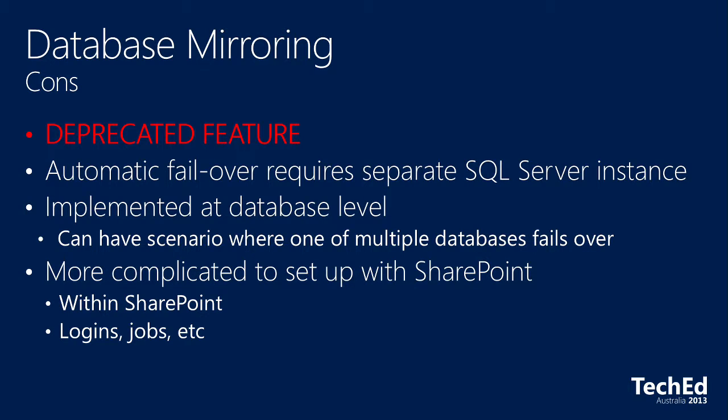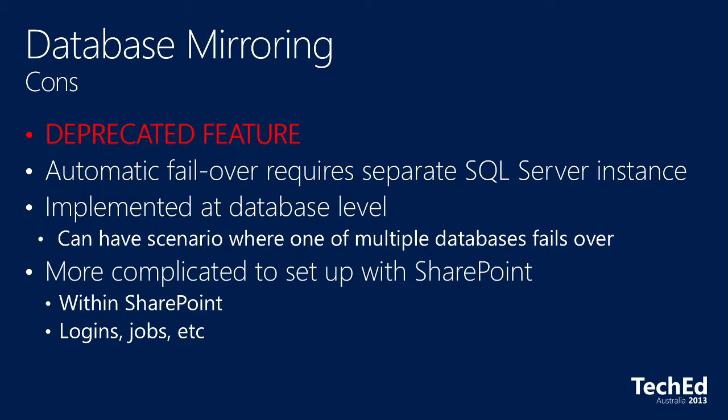Again, let's have a look at the cons. You require a separate SQL Server instance. It's implemented at the database level. That's why they came up with this evolution into availability groups, where it's a container that fails over. You might have a simple solution, a SharePoint farm, where you want all your content databases and service databases to fail over if one of them goes wrong, if one of the many disks that you have does. Since it's implemented at a database level, if one database fails over, you're probably going to have to script or do something that fails all of them across.